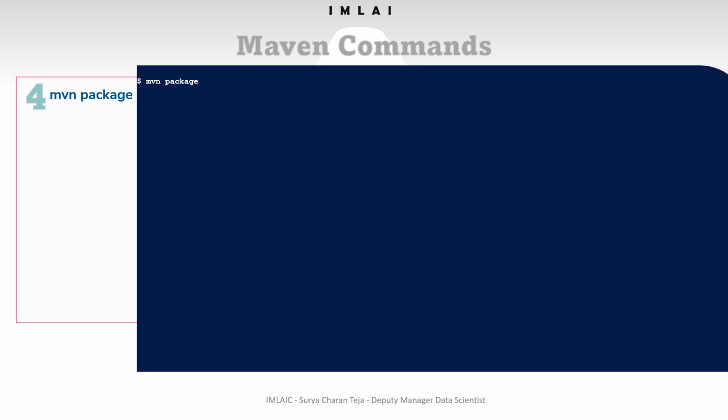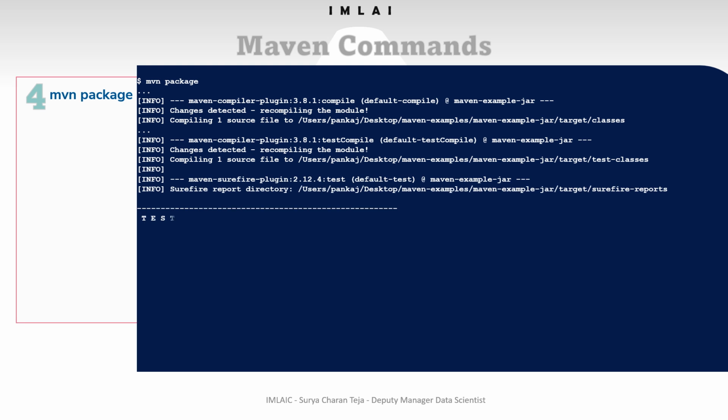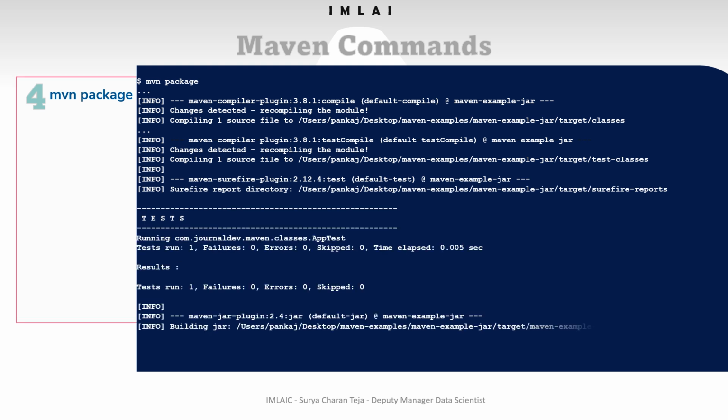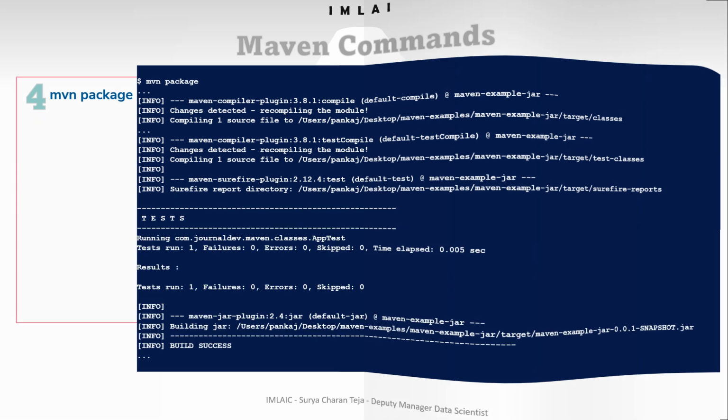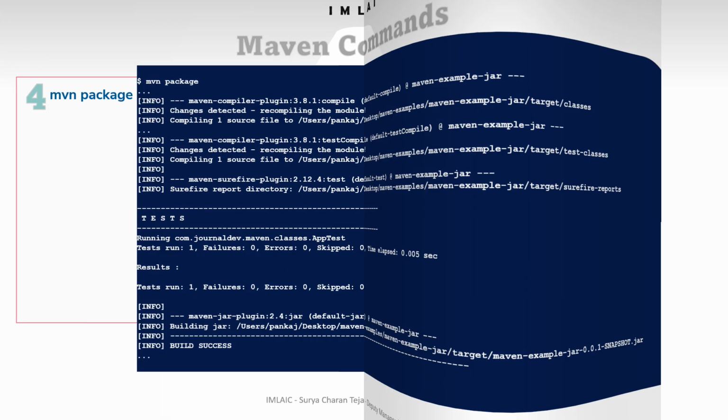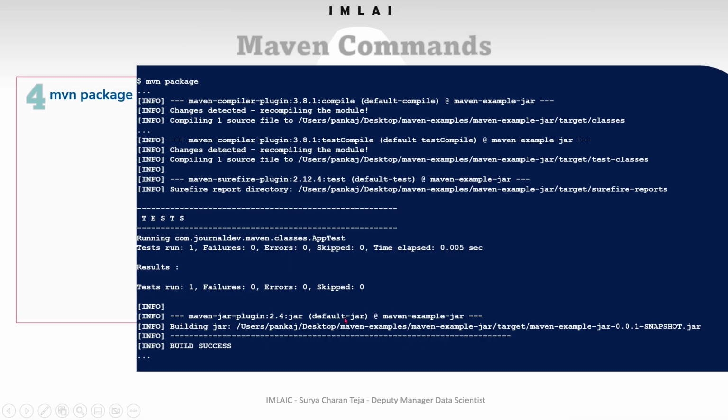Notice that the package goal executes compile and test goals before packaging the build. You can see that on the screen. The test is done, and then finally you get the build success, and here you can see the package name.